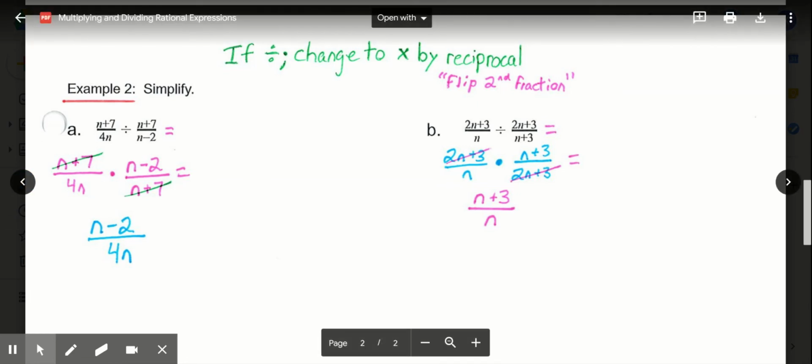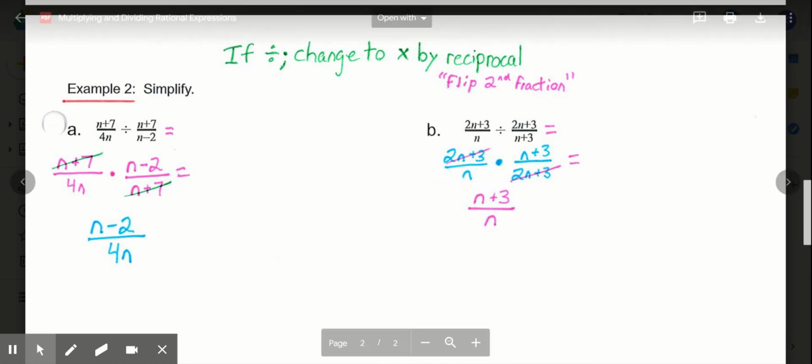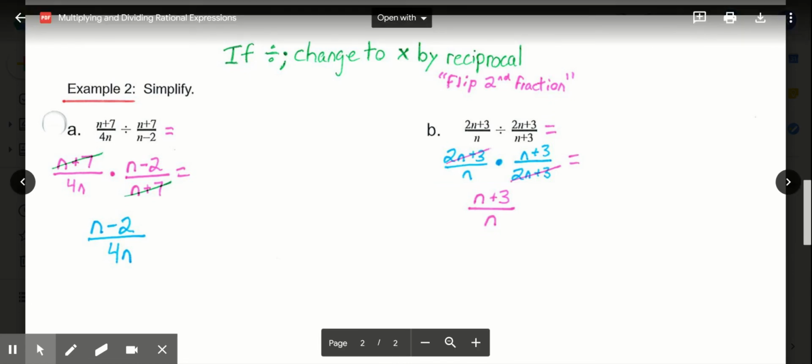So if I look at A, I have n plus 7 over 4n divided by n plus 7 over n minus 2. I flip my second fraction to become n minus 2 over n plus 7 and change division to multiplication. So now my n plus 7 on top and bottom cancels, and I'm left with n minus 2 over 4n.